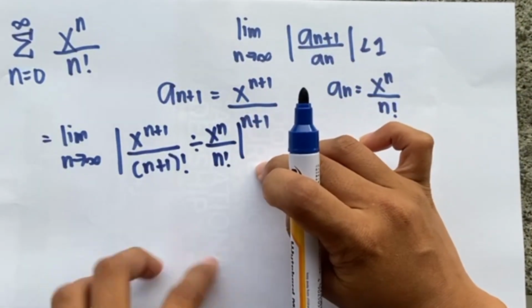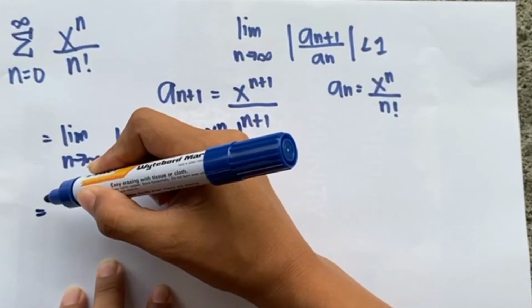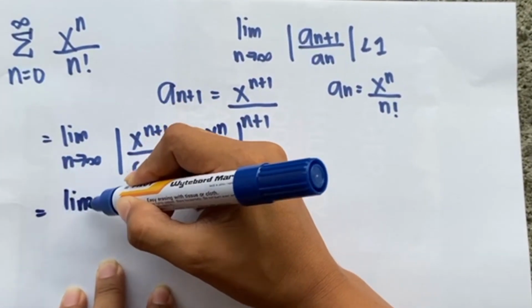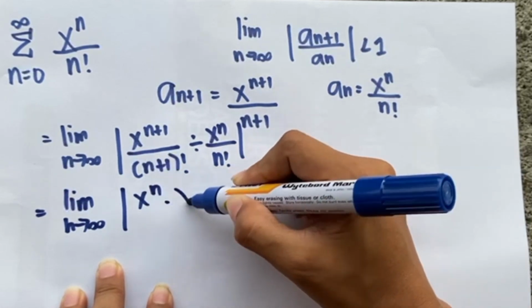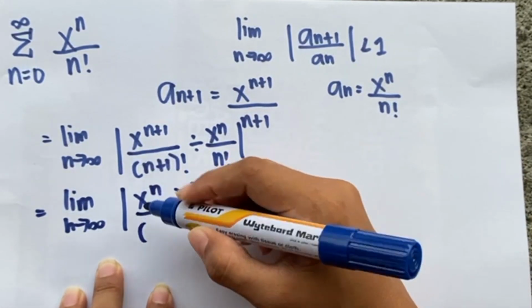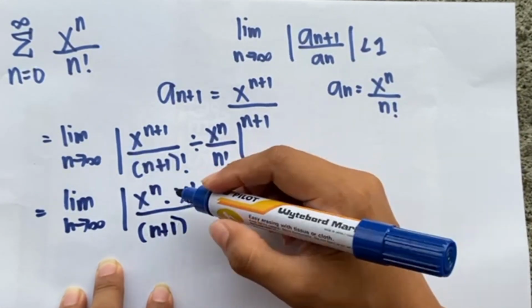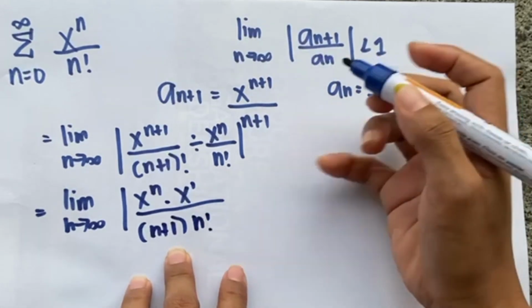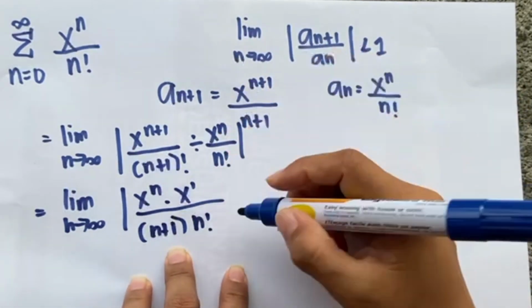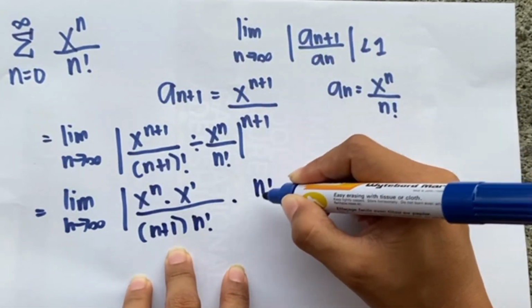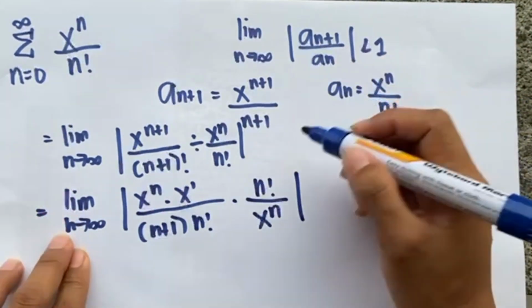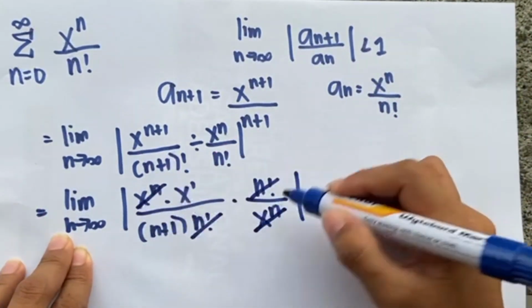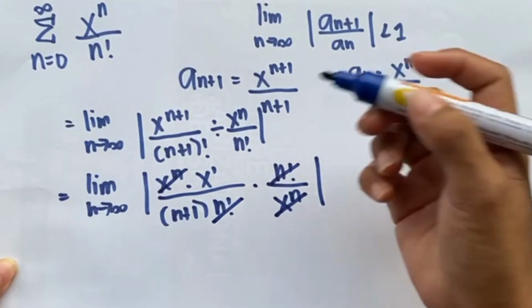Then limit as n goes to infinity. To simplify the expression, x raised to n times x over n plus 1 times n factorial, then multiply by the reciprocal of the given. So we can see we cancel the n factorial and x raised to n.